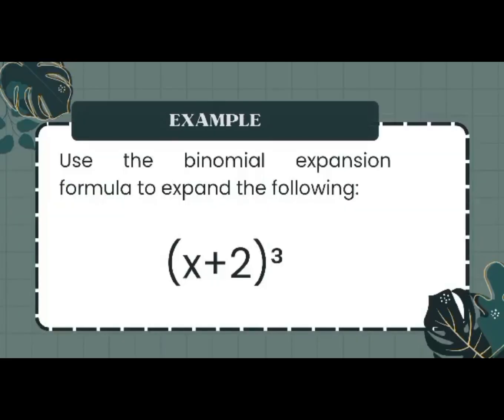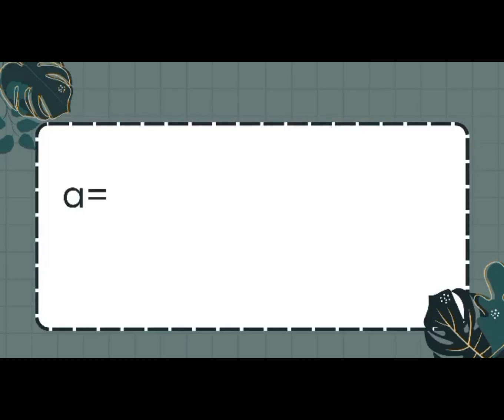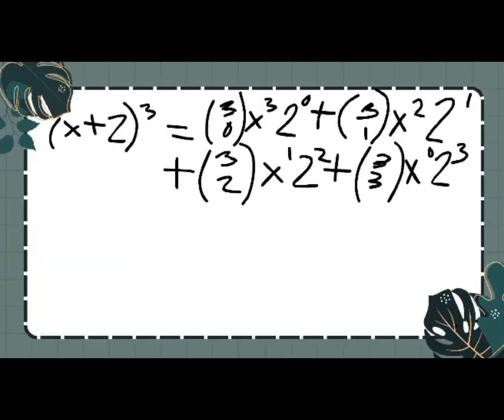Let's have an example. Use the binomial expansion formula to expand the following: the quantity of x plus 2 cubed, where a is equal to x, b is 2, and n is 3. In solving, let us substitute using the formula.